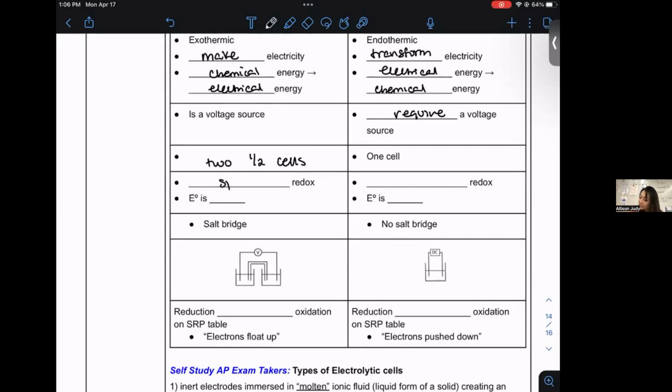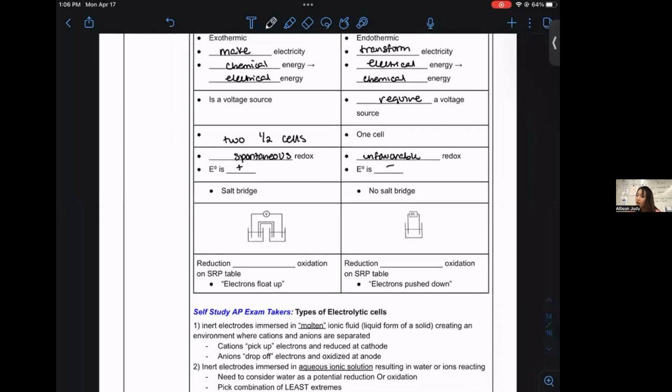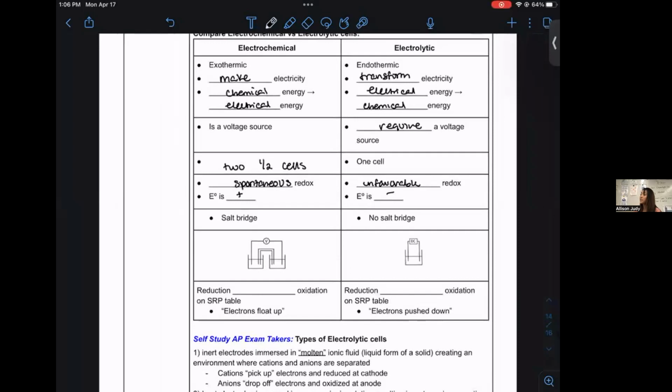We've got spontaneous for electrochemical cells, and you've got obviously unfavorable redox for electrolytic. So that means your E naught is positive for electrochemical and your E naught is negative for electrolytic. In electrochemical cells, you have the salt bridge constantly supplying the ions necessary to keep the solutions neutral to promote continuous electron movement.